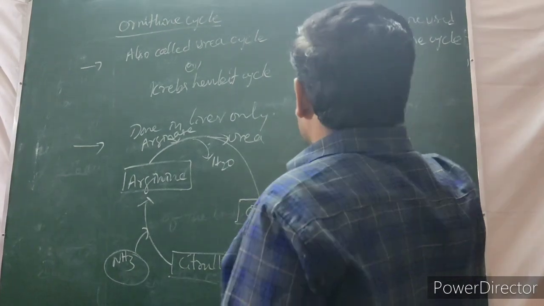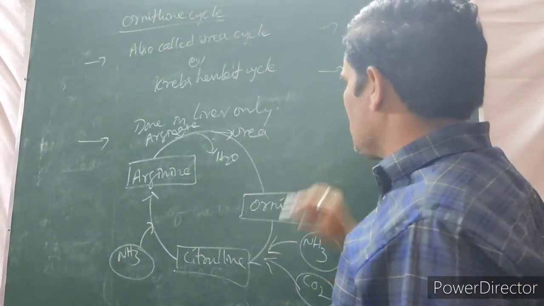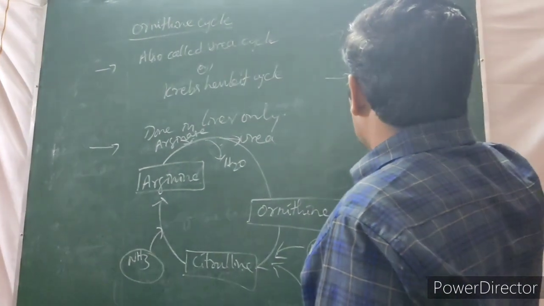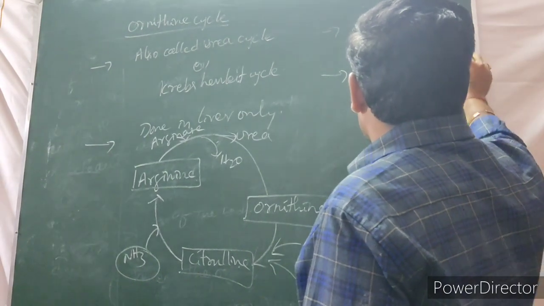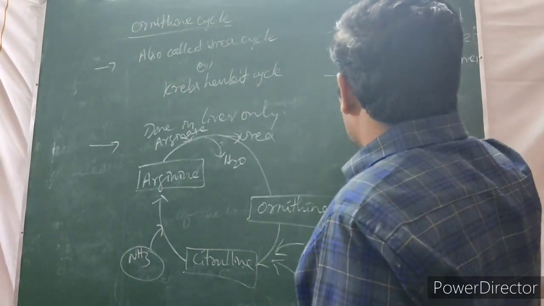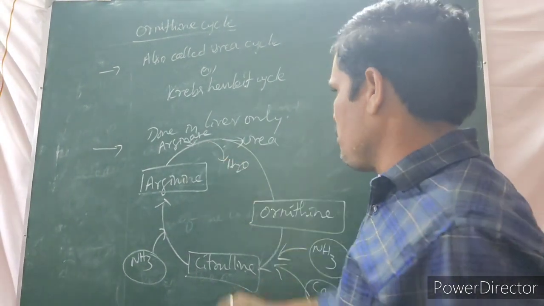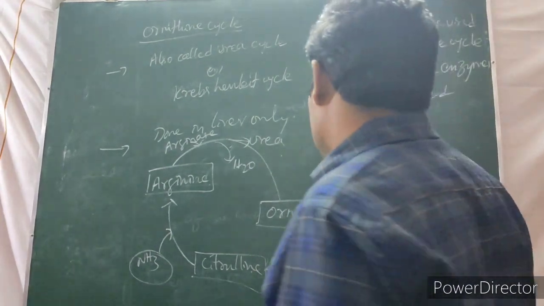Only one enzyme is used. What is that? The arginase enzyme. The three amino acids are ornithine, citrulline, and arginine. Only one enzyme is utilized, the arginase enzyme, to form urea.